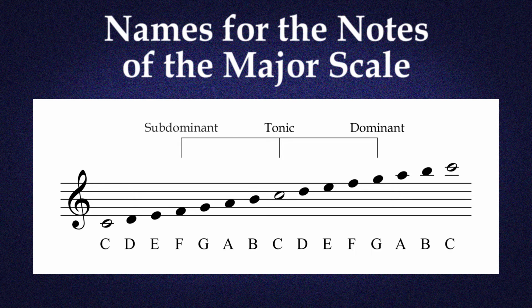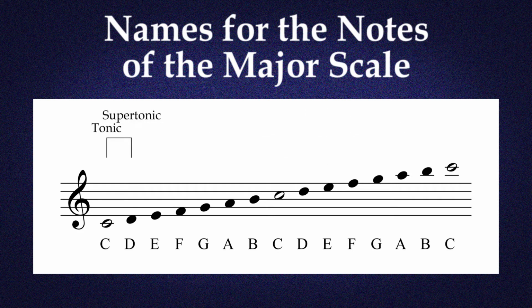If we go down that same interval of a fifth, we actually land on the 4th note of the scale. For this reason, the 4th note is called the subdominant. The prefix sub means below, so it's the dominant below the tonic. Halfway to the dominant, the 3rd note is called the mediant. And halfway to the subdominant, the 6th note is called the submediant.